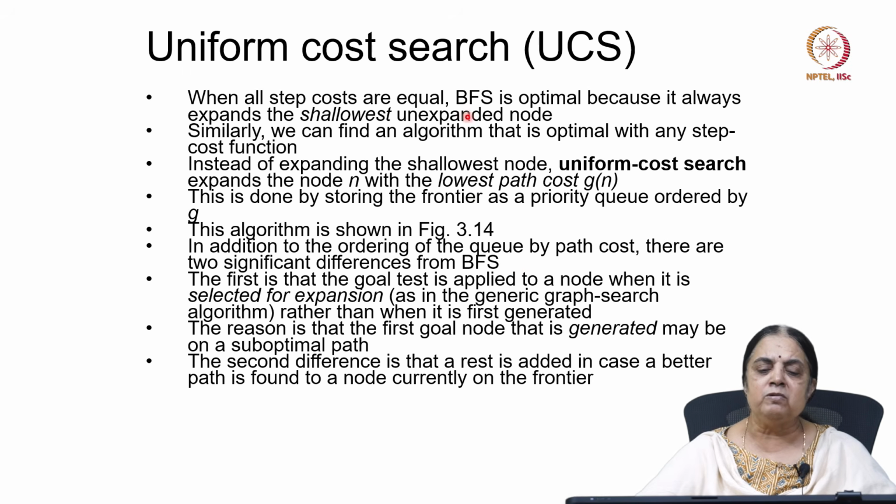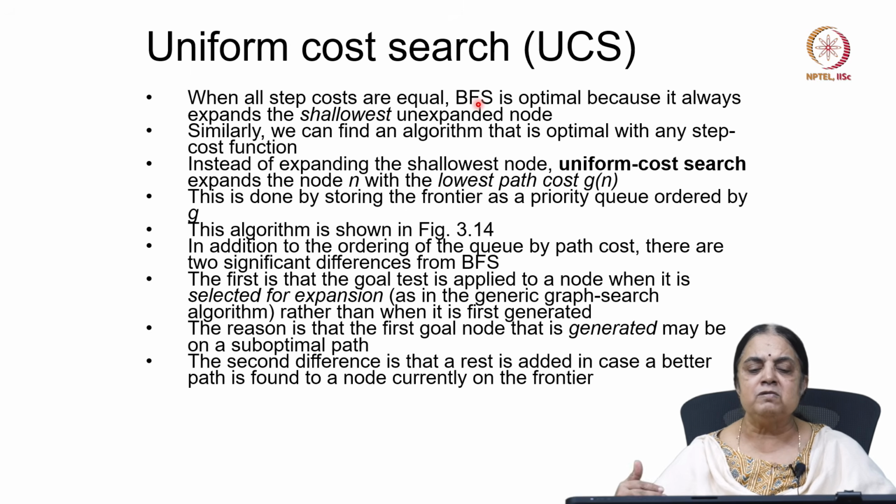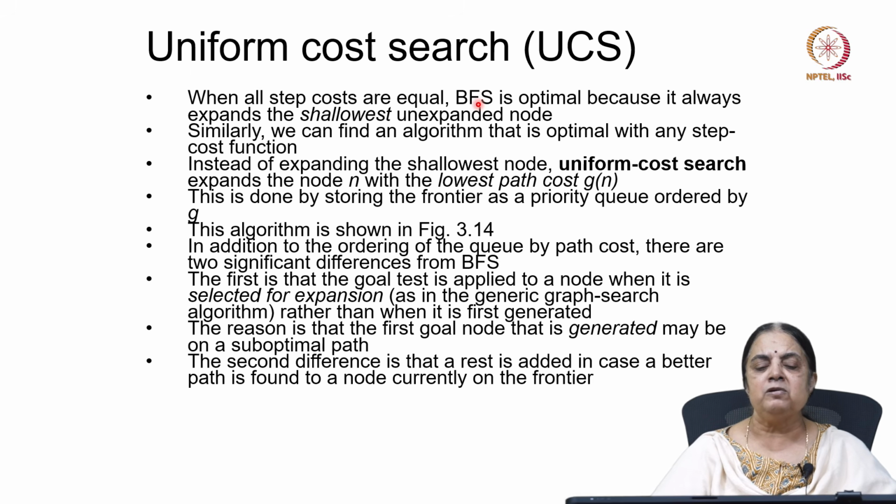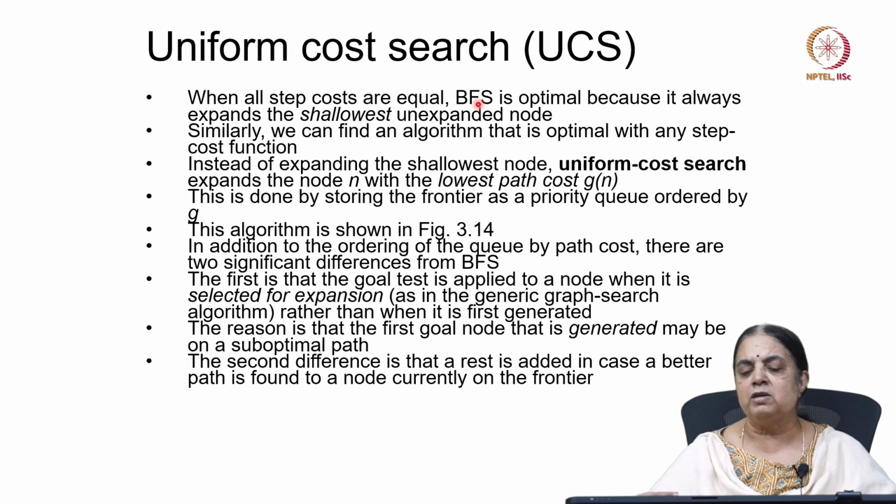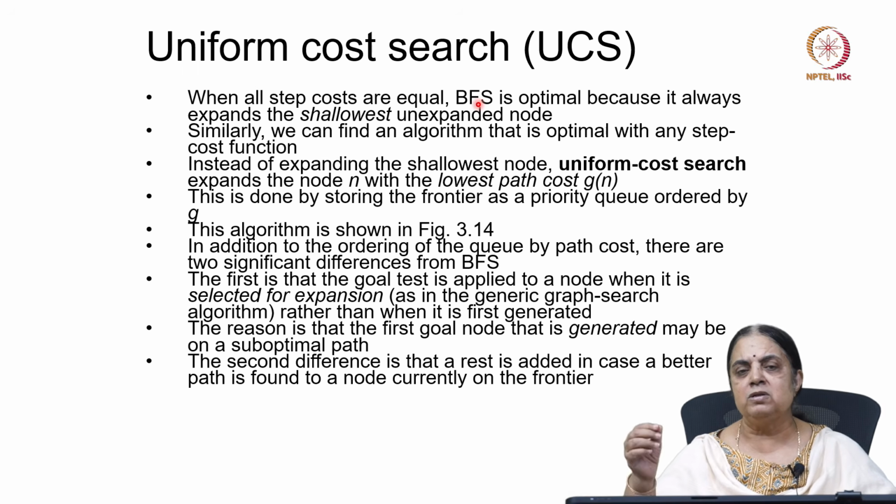So what we are doing here is that in breadth first search, we chose the shallowest node, or the node which was expanded first, and we expanded those nodes. But here, in the uniform cost strategy, we are finding the one with the lowest path cost. The path cost is the cost from the source node to this particular node.